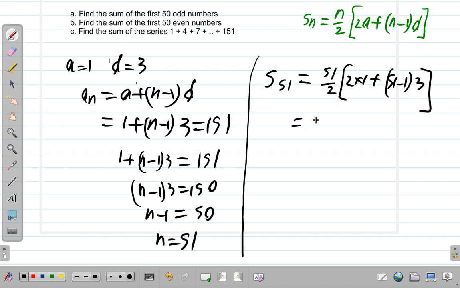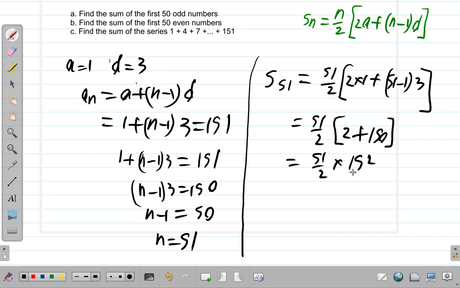So this sum is 51 divided by 2 times 2 ones are 2, plus 50 by 3 is 150. So you have 51 over 2 times 152. Right?